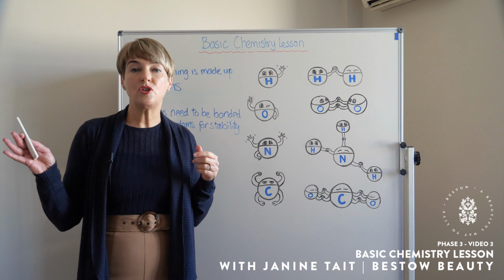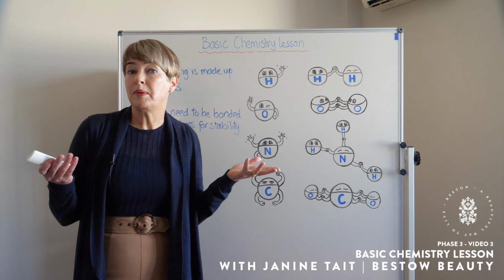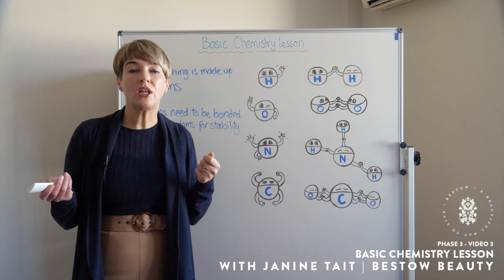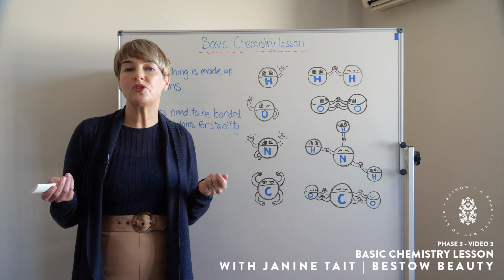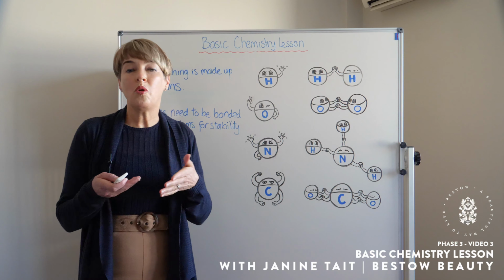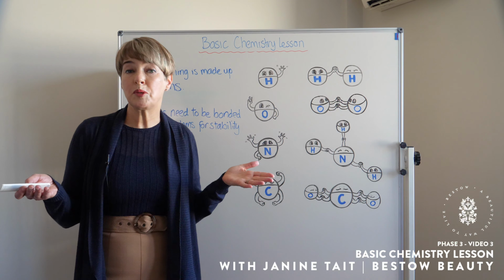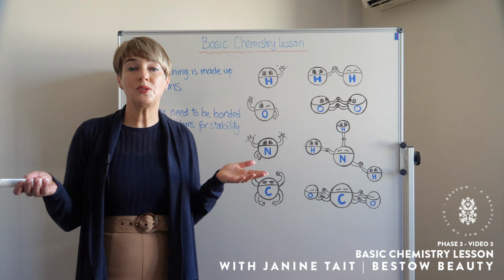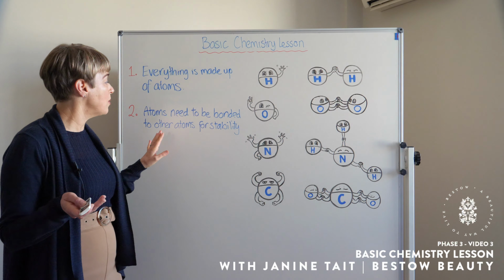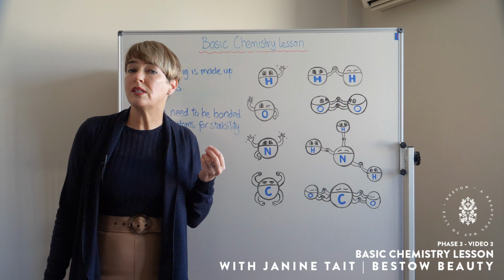In between hydrogen and lawrencium are all of the atoms, or elements as another word, that we're familiar with, like oxygen, nitrogen, phosphorus, magnesium, zinc, iron, carbon. All of those sit between hydrogen and lawrencium, and the only difference between them is the number of protons, neutrons and electrons they contain.